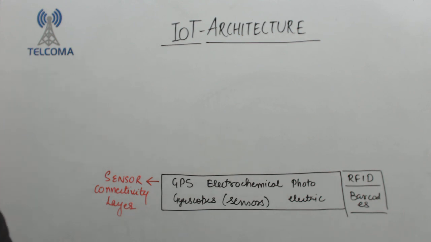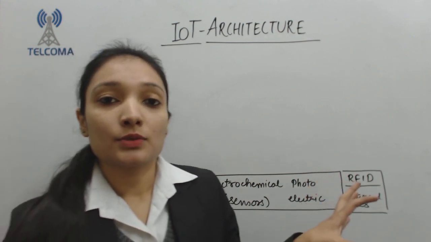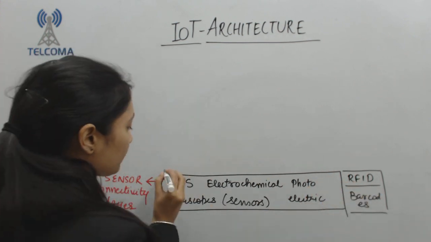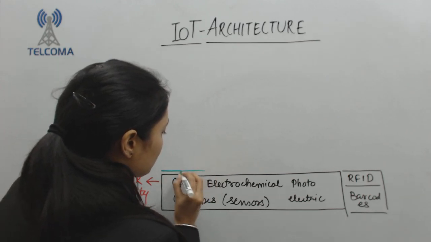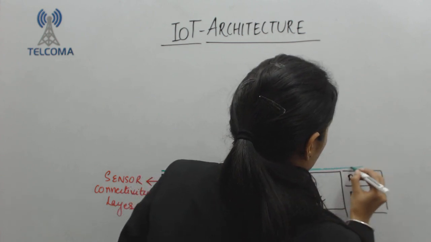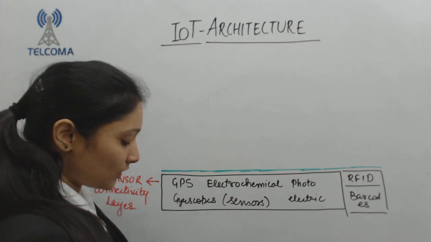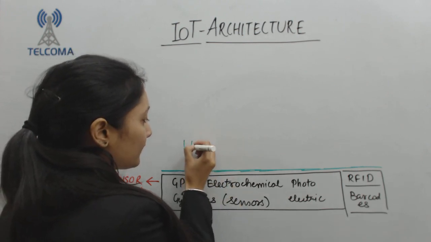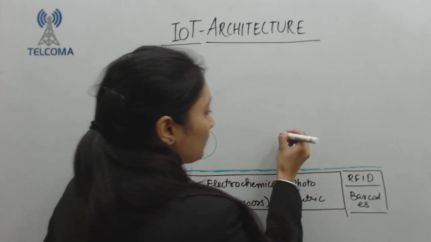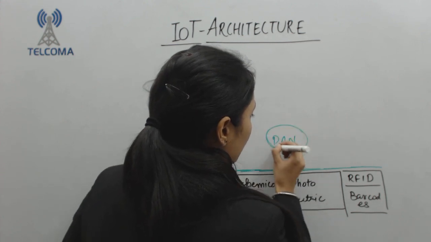So, after that, these sensors need to connect to some aggregators, which will be aggregating the information from that. So that means there will be a gateway layer. Some of these devices need to connect using a local area network, LAN, or with the help of your personal area network.